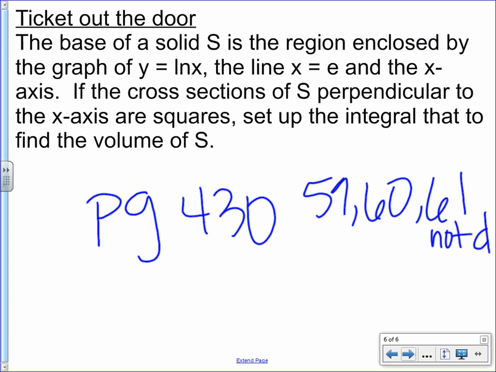Is it this way? I think it's exactly that way. Function aerobics, people. That's e to the x. Where does it intersect the x-axis?